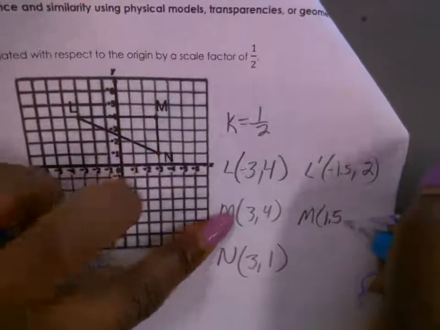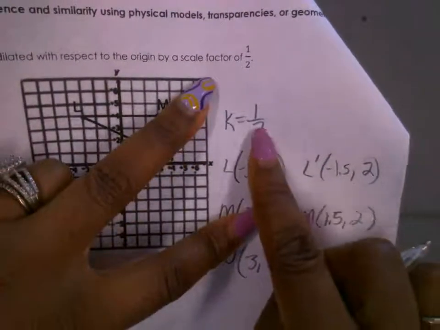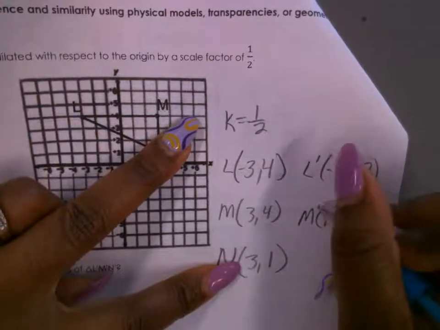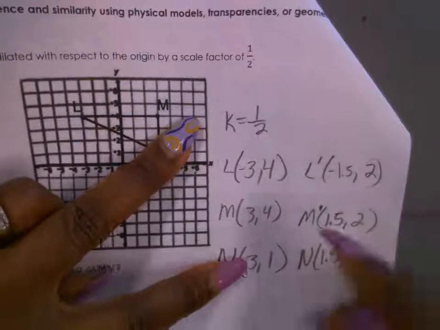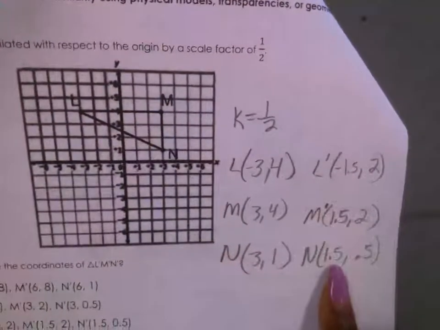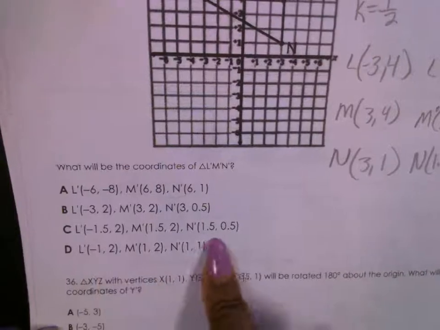Half of 4 is 2. The scale factor is a half. N prime: half of 3 is 1.5. Half of 1 is 0.5. So now this is the answer that we're looking for. So that answer is going to be this right here, C.